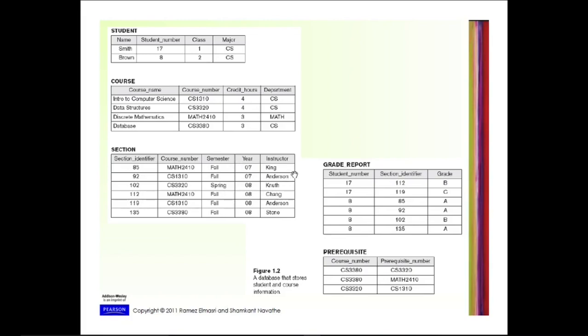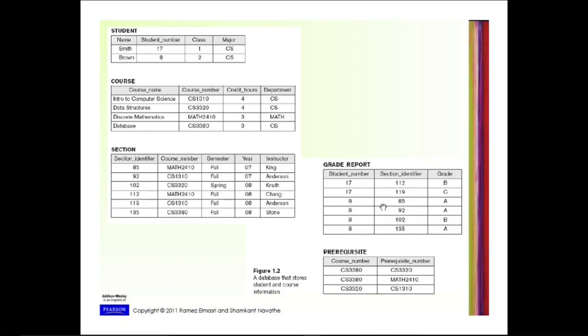So there can be some sample cases. For example, the record for a particular student file is related to two records in the grade report. It is possible, okay? And then similarly, each record in the prerequisite file relates to two course records, one representing the course and the other representing the prerequisite.